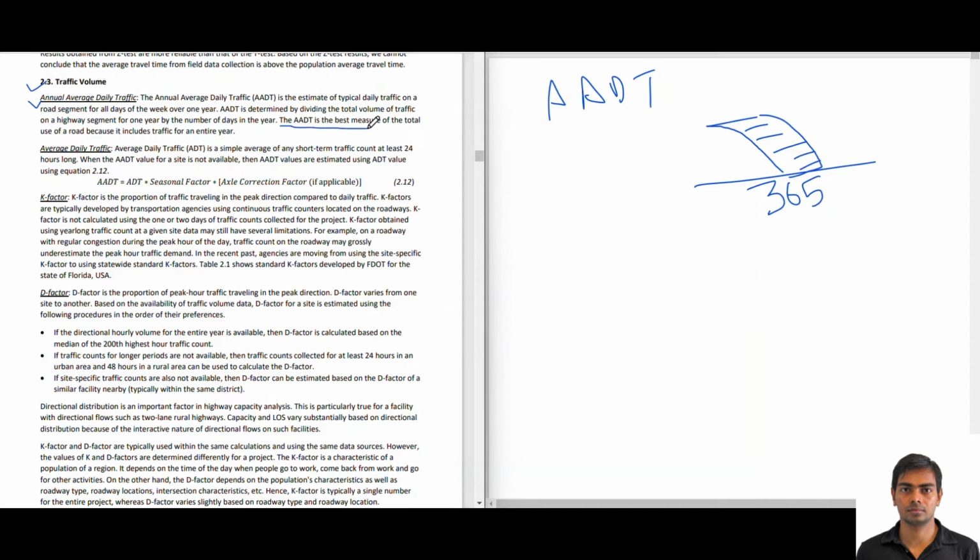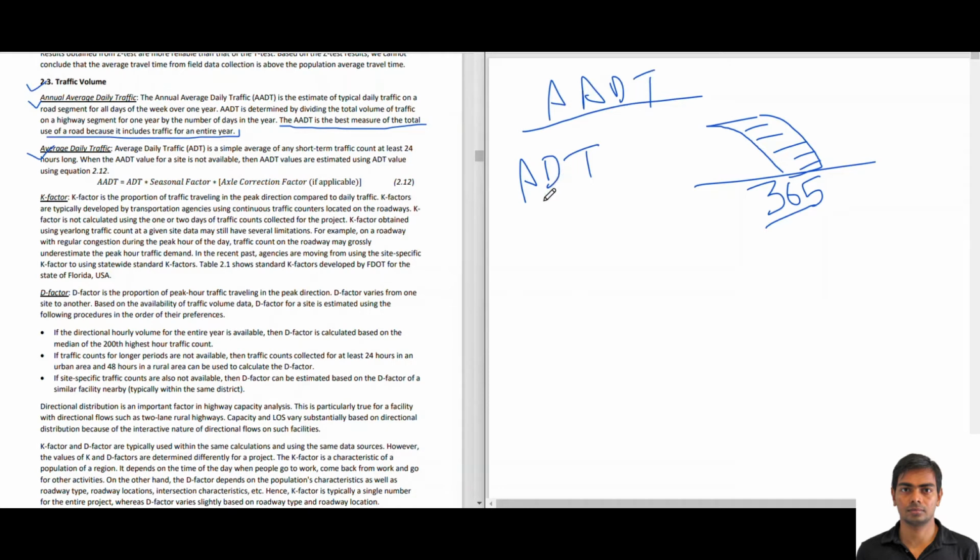AADT is a very important concept in the field of traffic operations. The AADT is the best measure of total use of a roadway because it includes the entire year's data. So AADT is free from seasonal adjustment and other kinds of adjustments. Now the second one is something called average daily traffic or ADT. When we are using an entire year's worth of data, it is called AADT, average annual daily traffic.